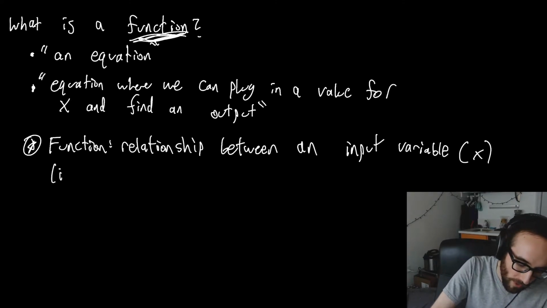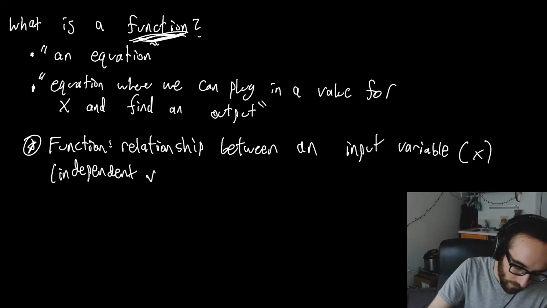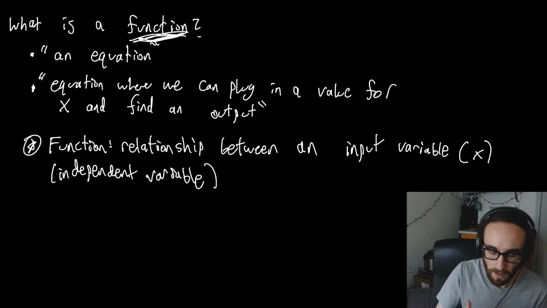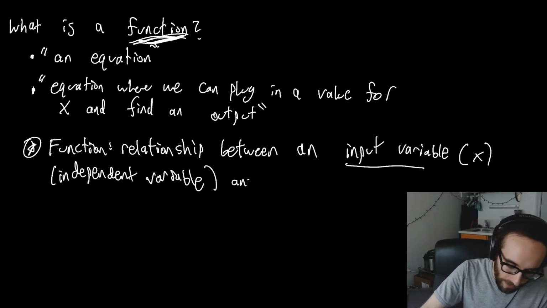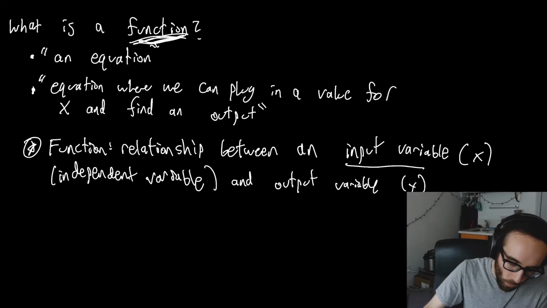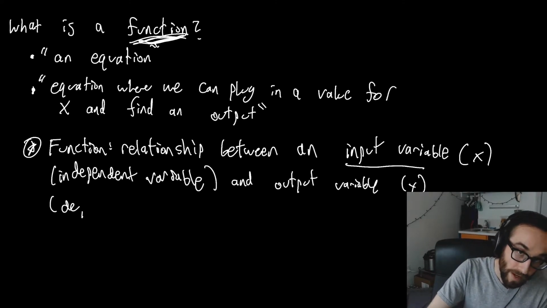One note is this is what we call the independent variable. And we'll talk a little bit more about independent and dependent in a later video. Here we're just looking at the relationship between an input variable and an output variable, which we usually call y. That's called our dependent variable.